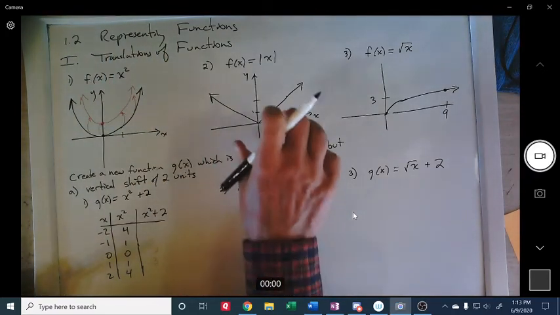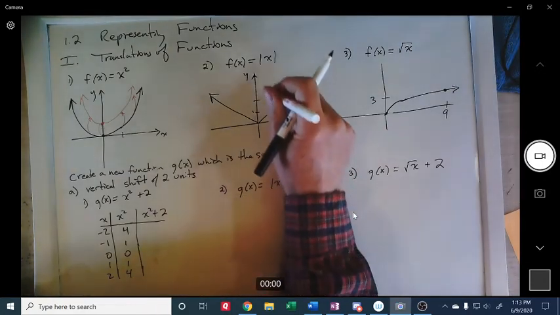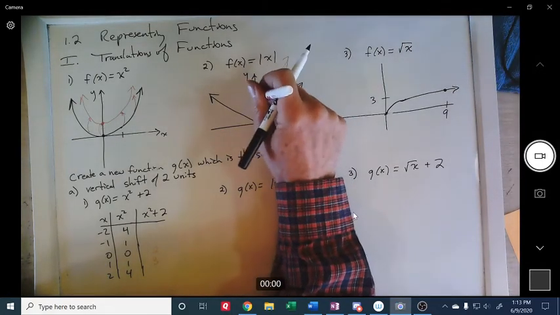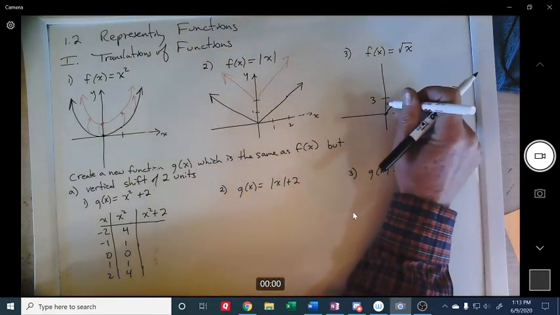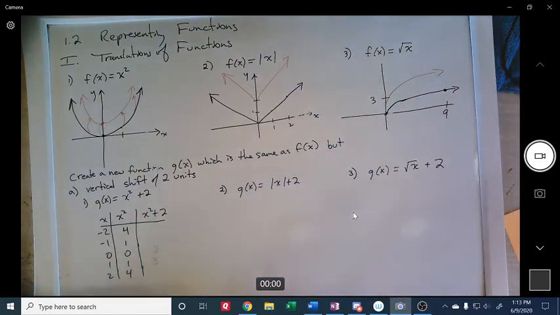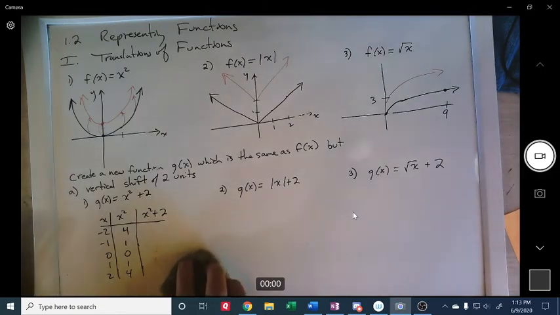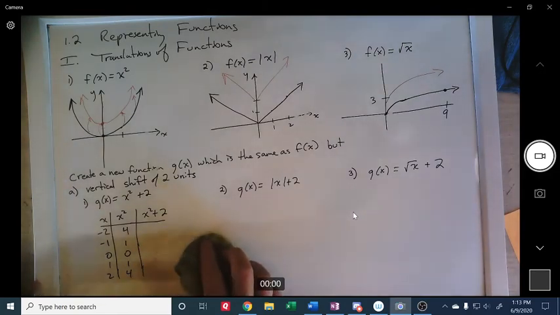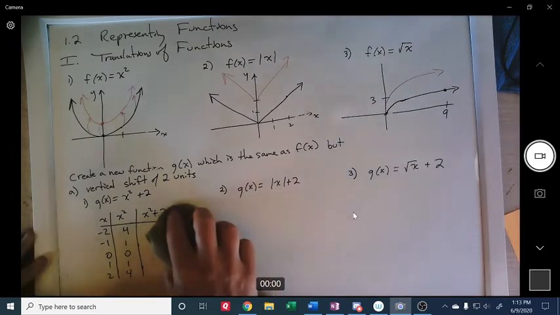And the same thing is happening with each one of these. We're shifting everything up 2 units. We're getting these pictures. All right, now, y'all gave me feedback on the practice quiz that you're pretty good with some of these basics. We need to go a bit more in depth here.